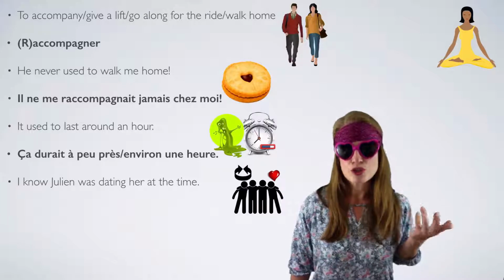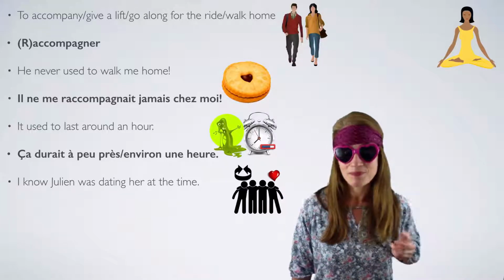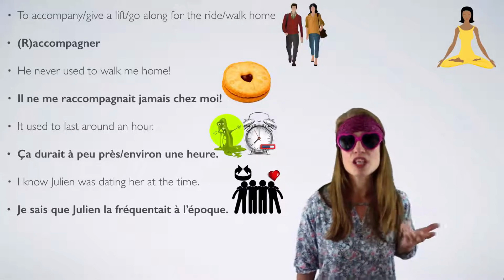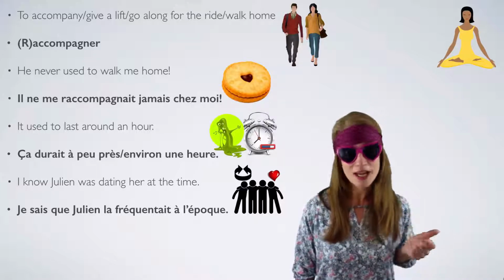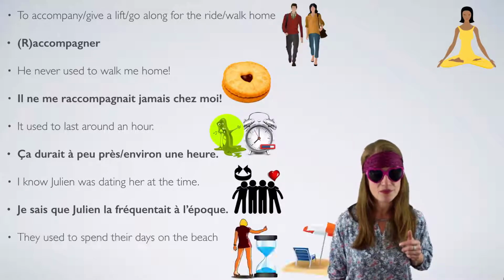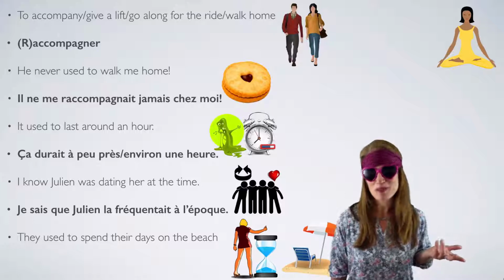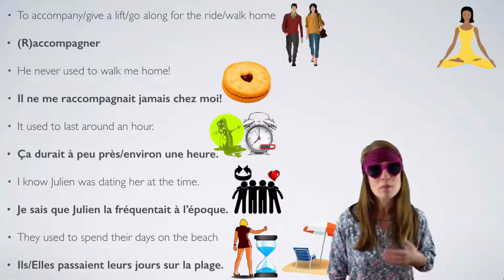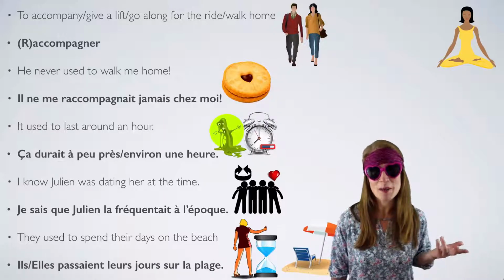I know Julien was dating her at the time: je sais que Julien l'a fréquentée à l'époque. They used to spend their days on the beach: ils ou elles passaient leurs jours sur la plage.